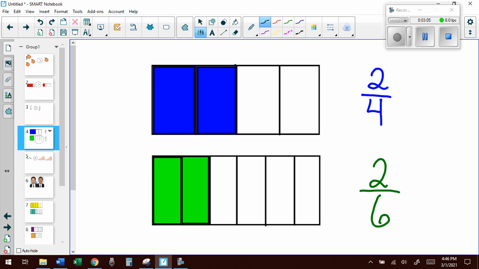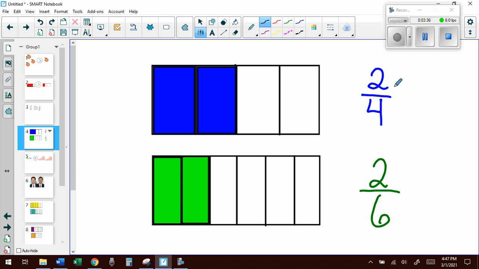Now if we look and compare 2/4 and 2/6, we can really get a visual on what we're talking about, piece size. I have 2/4 and 2/6. If you look at the piece size of the fourth alone, it shows that 2/4 is greater than 2/6.